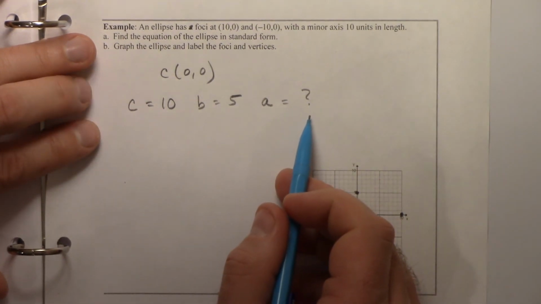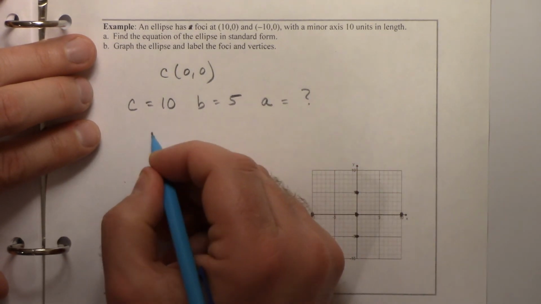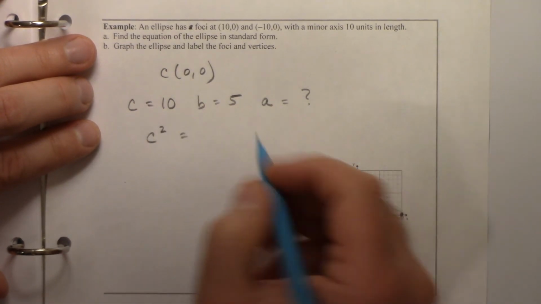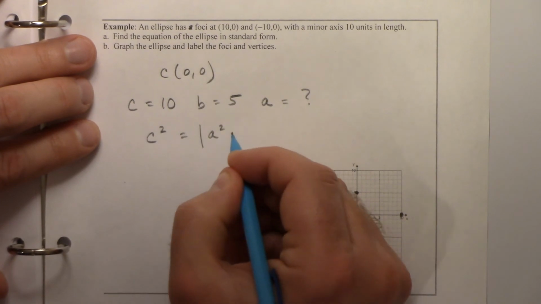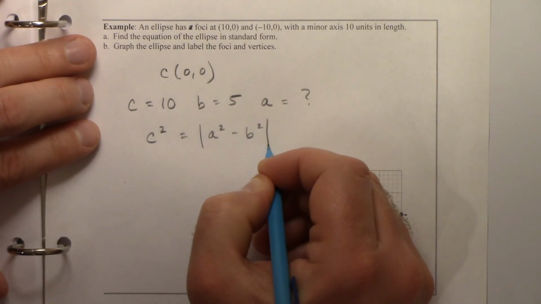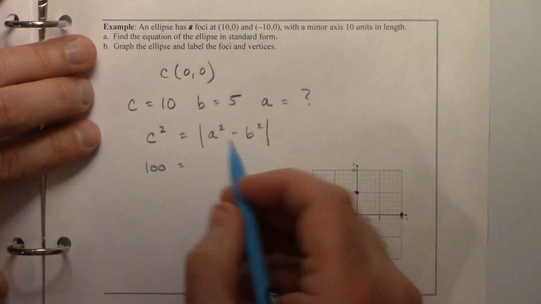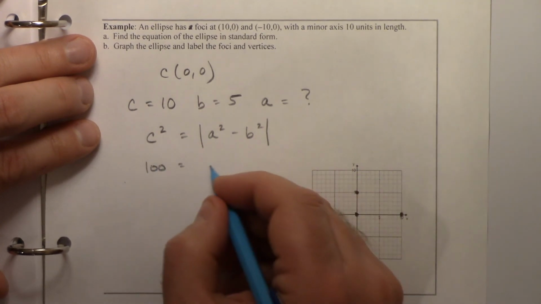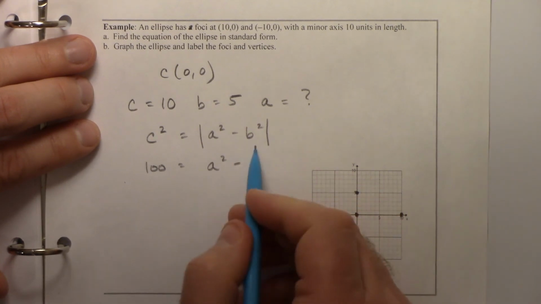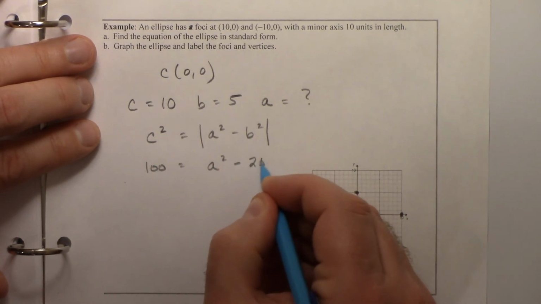But we have a little formula that says C squared is equal to the absolute value of A squared minus B squared. So in this case, C squared, that would be 100, equals A squared, I don't know what that is, minus B squared, which would be 25.